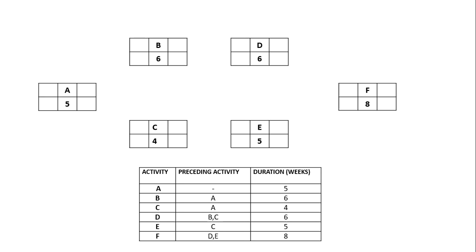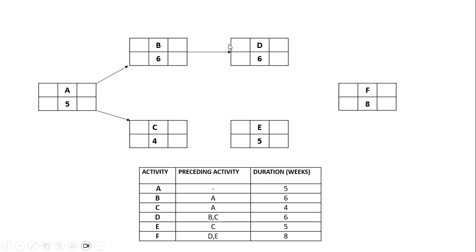So for activity A, we see that it will take a duration of 5 weeks. For activity B, we see that it will take 6 weeks, right? And for activity C, we see that it will take 4 weeks. So remember, you have the duration at the bottom, how long the activity is going to take, and at the top, it's the name of the activity, right?